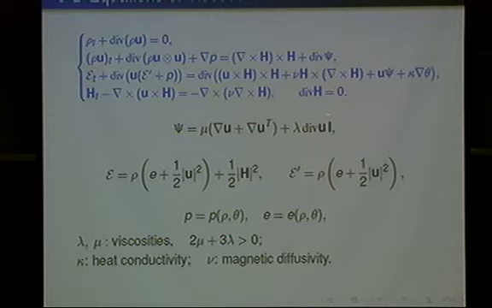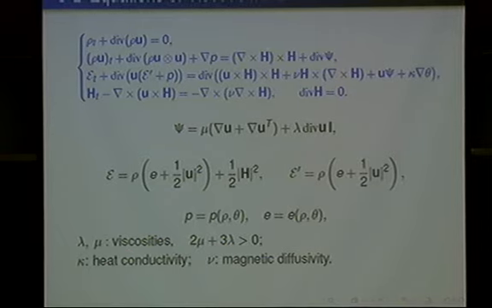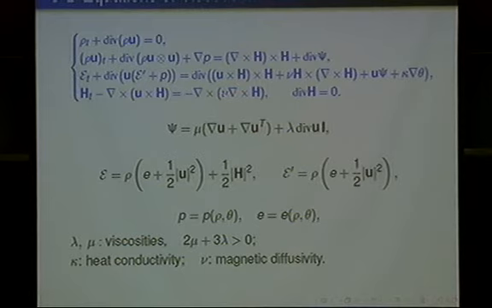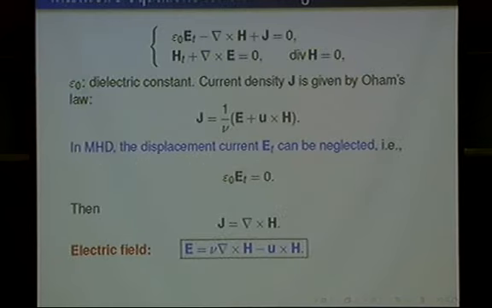Here are the conductivity and the usual Stokes viscosities. The mu here is called the magnetic diffusivity. This could be positive or could be 0, so let's see the difference. This is the system, and then we look at the Maxwell equations.